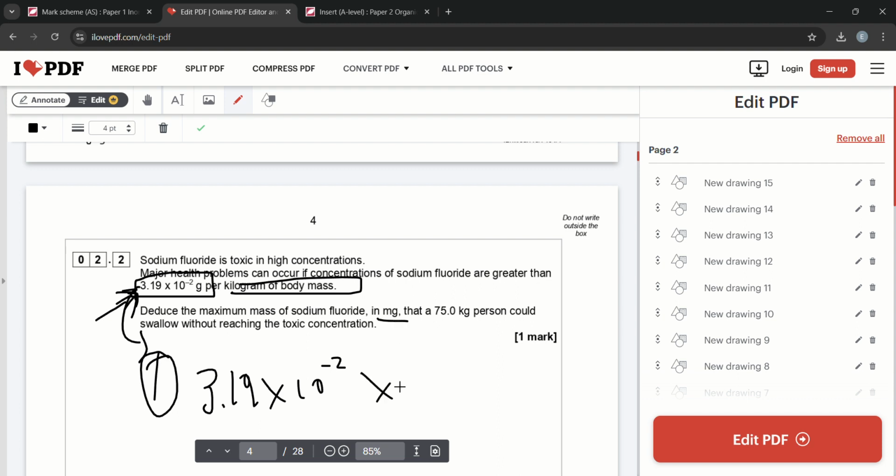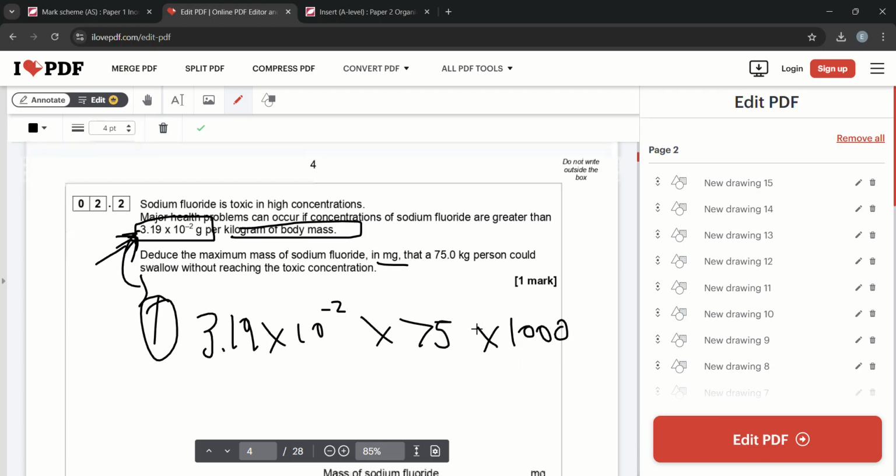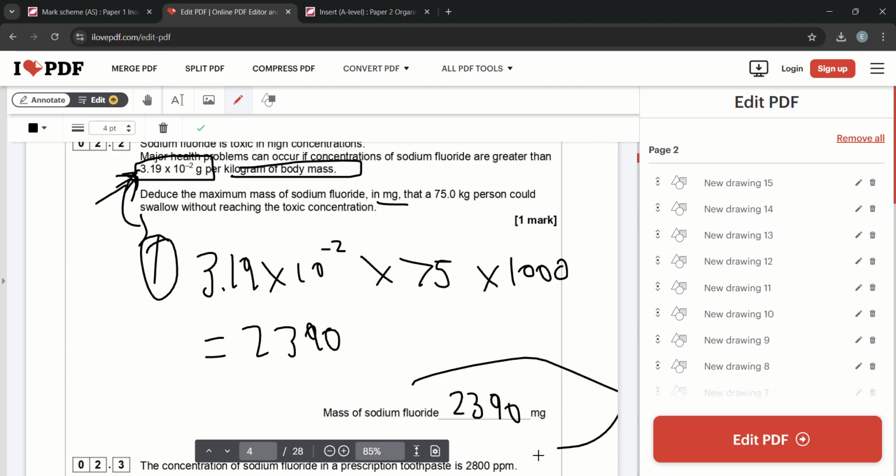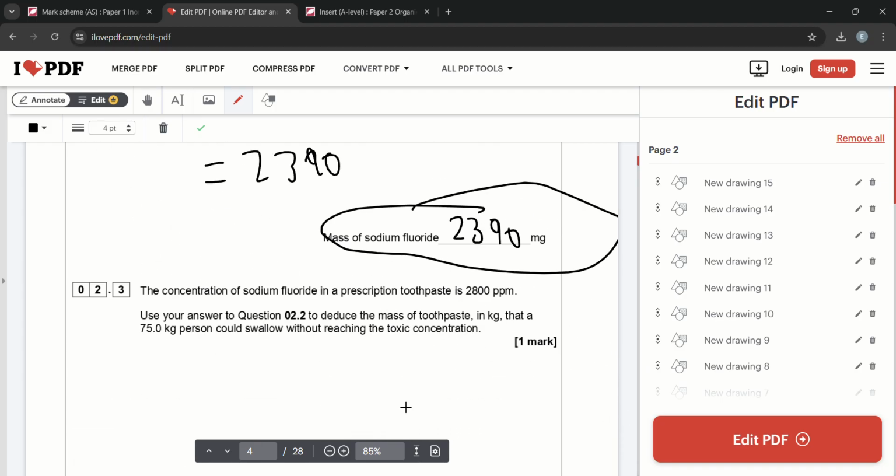So we times by 75, and also times by 1,000 to get into milligrams, and that will give me 2390 milligrams, the mass of sodium fluoride.